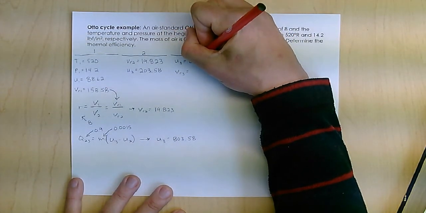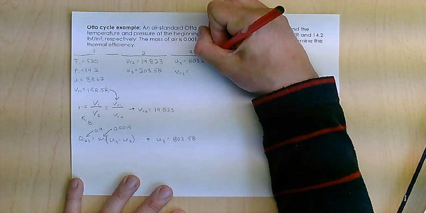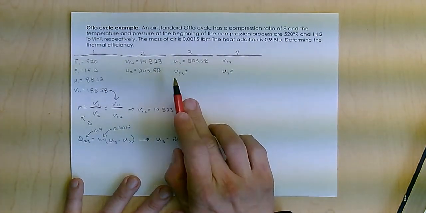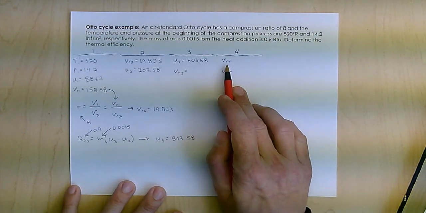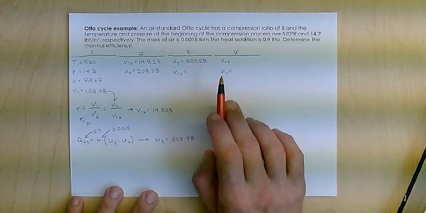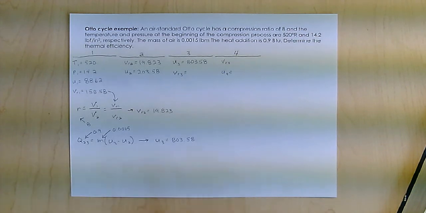And again, 3 to 4 is isentropic. So I'm going to look up VR3, use my compression ratio to find VR4, and then from VR4 look up U4. The first thing is I have to find my relative volume at state 3.